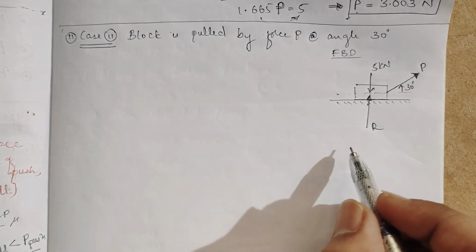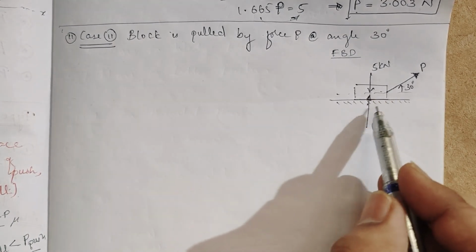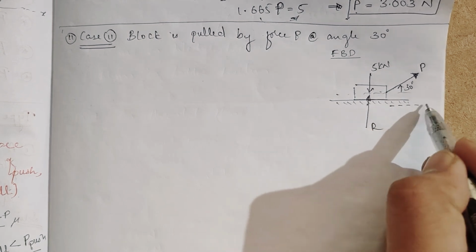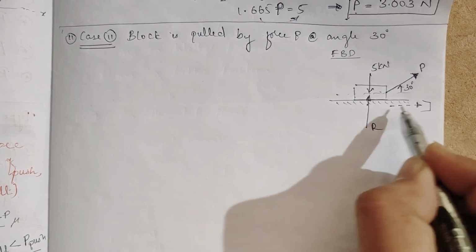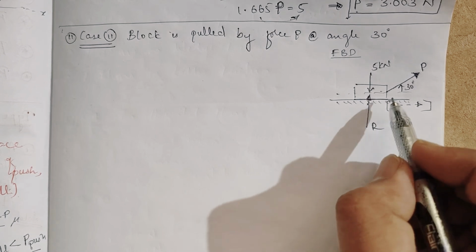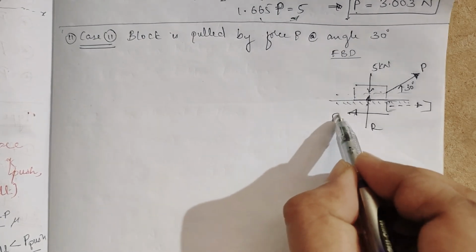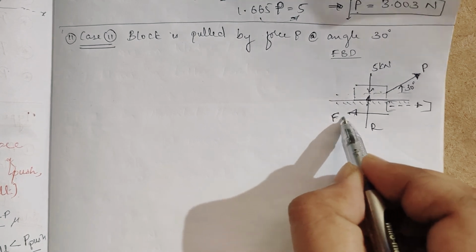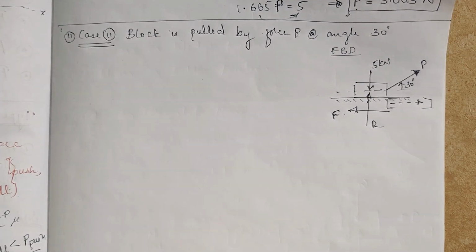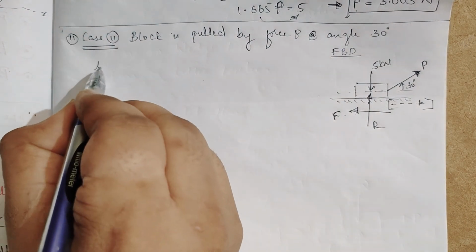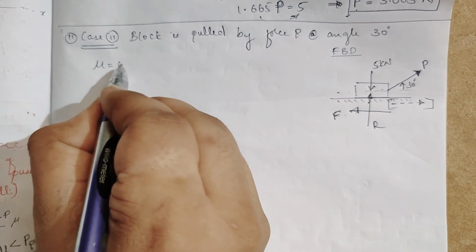When it is pulled out, the motion tendency is like this. The block is moving in this direction, so the frictional force will be F. Here we will first take mu equal to 0.4.